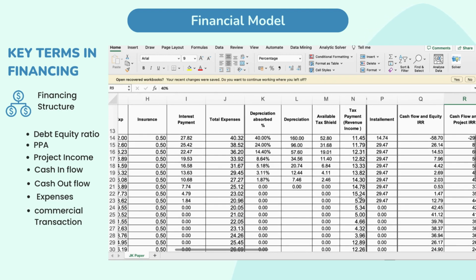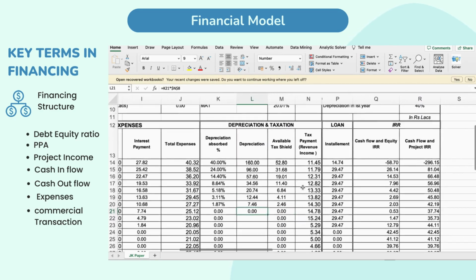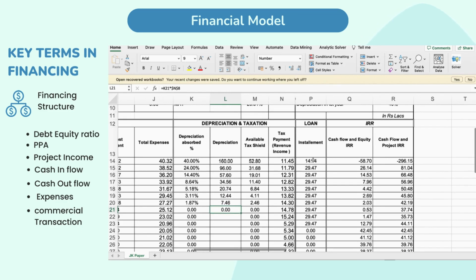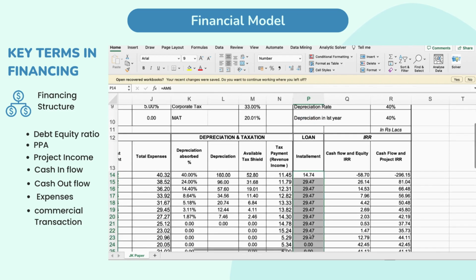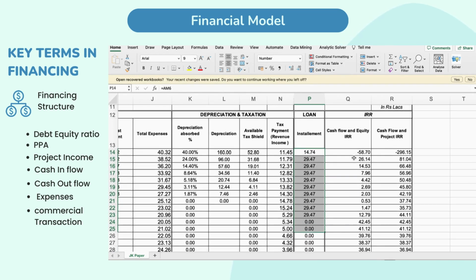commercial transactions. So once you have the cash inflow, we have understood, we have also understood the cash outflow, and this is the installment of the loan you are making. So what you can do is you have the cash flow, and on this basis you are calculating the equity IRR and the project IRR.